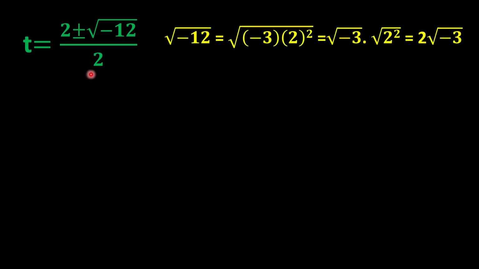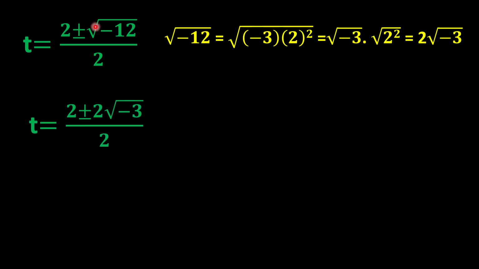We can write this -12 under the square root as -3 into 2², and similarly √(-3) into √(2²). So this square will cancel the square root, so 2 will come out of the root and -3 will remain under the root.